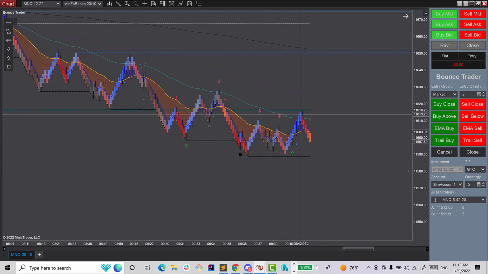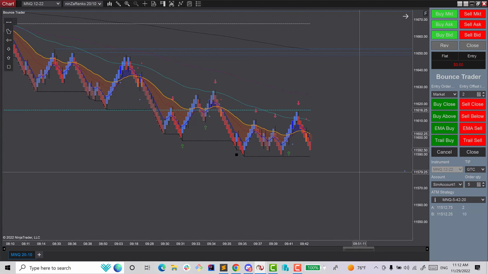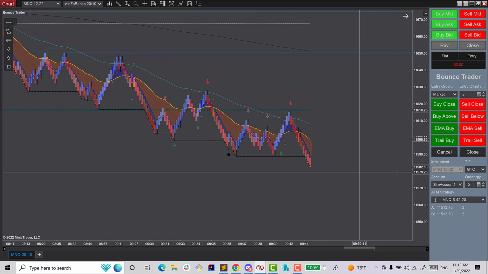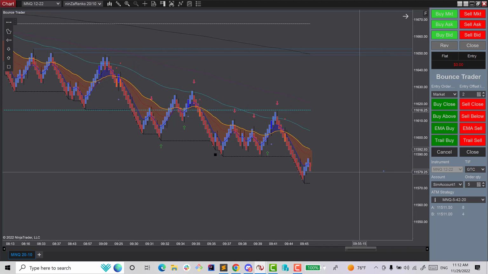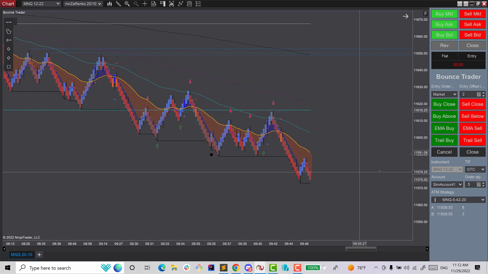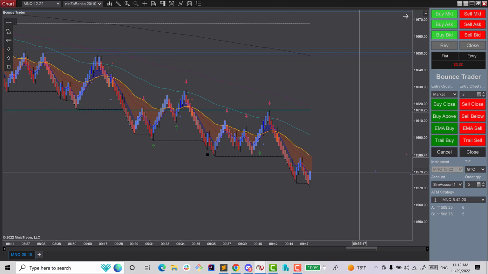This would have been an 89 EMA trade, 89B trade. See, market went up, went down and bounced, and here we have another CC trade.